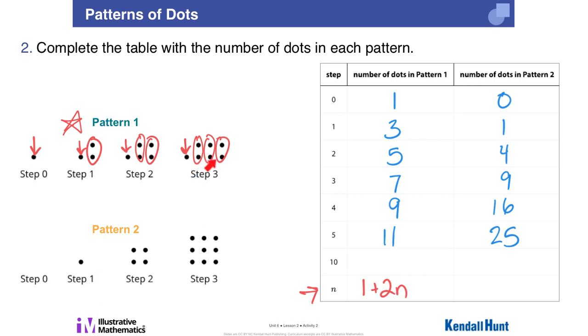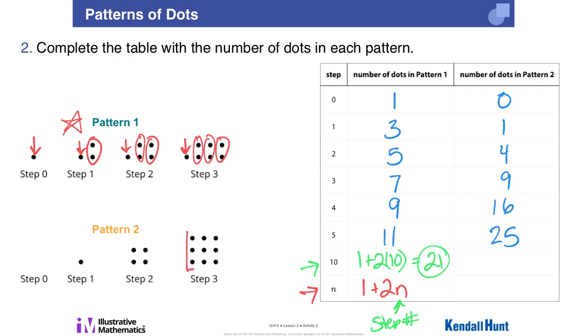Here I added 3 groups of 2 dots in step 3. So this n is always referring to our step number, and you might want to label that. So going back here for step 10, I'm going to have 1 plus 2 times 10, meaning 10 groups of 2 dots I'm going to add on, and that's going to give me a total of 21 dots.